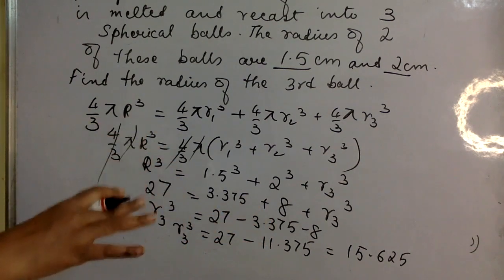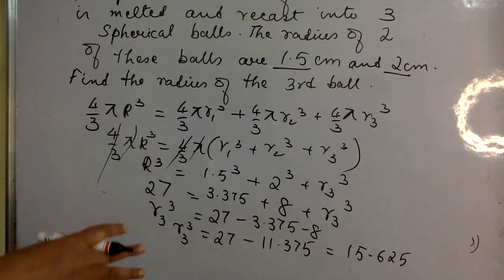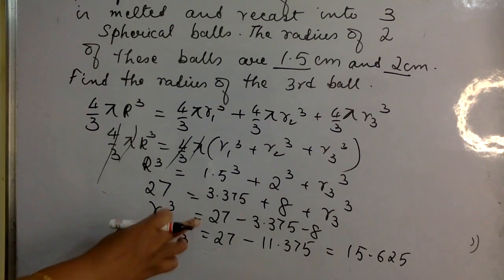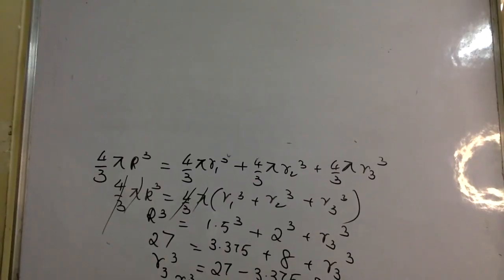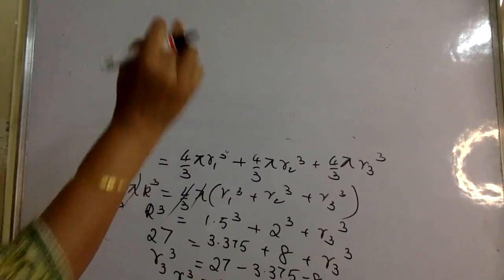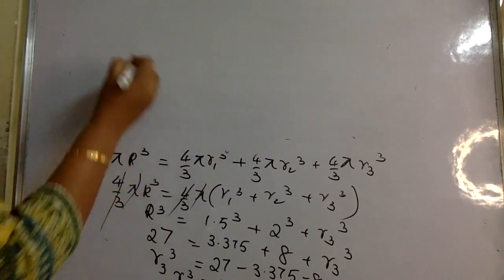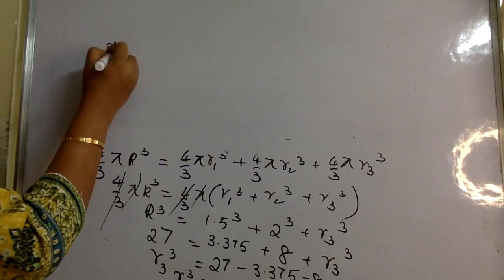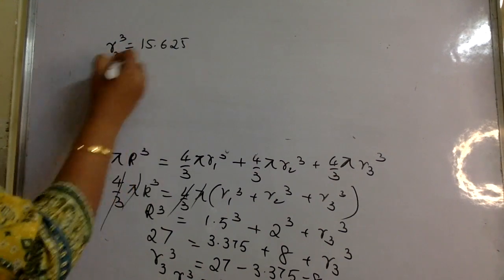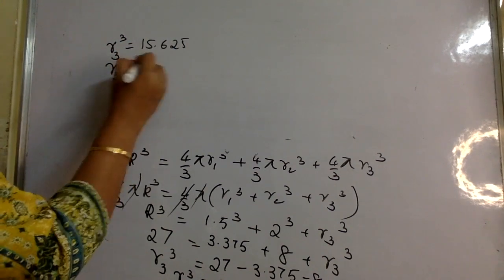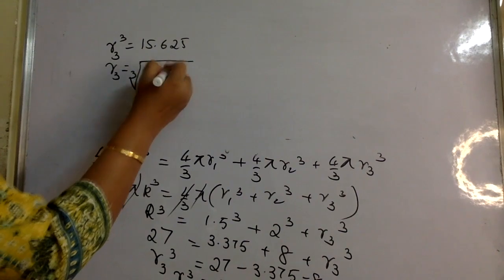Now let me show you the next step, how to do it, because we are going to find the cube root of 15.625. I'm supposed to find r3, which is the cube root of 15.625.